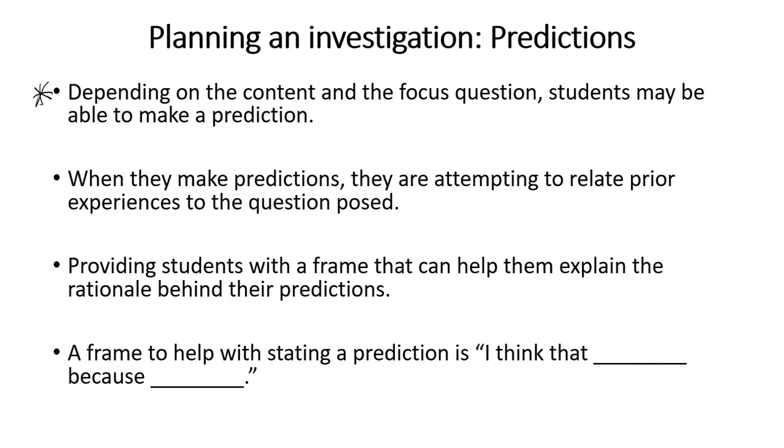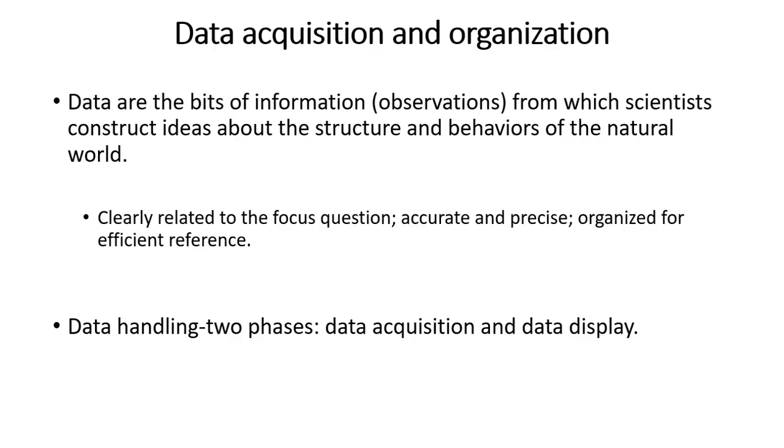Provide a frame for them to make those predictions: I think if I do this, this is going to happen, because... So you're providing sentence starters for prediction so that you give them an idea how to make those predictions. But as a scientist, you want to add predictions in the science notebook.